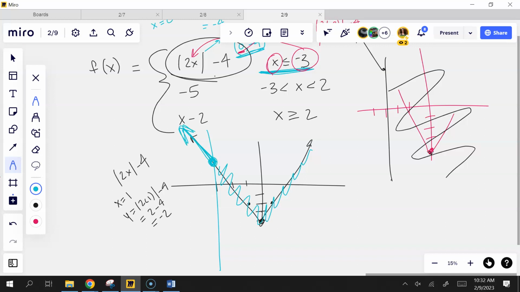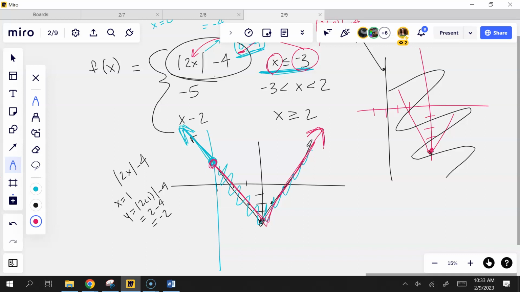No, because what if my restriction was x is greater than -3? If the restriction was x is greater than -3, then all of this would be what I needed. The absolute value makes it harder because you have to take the vertex into account. That's what I'm trying to get to with you.